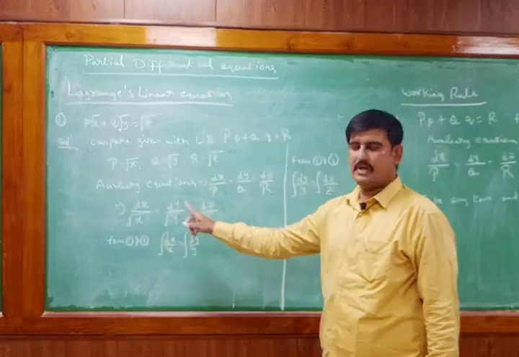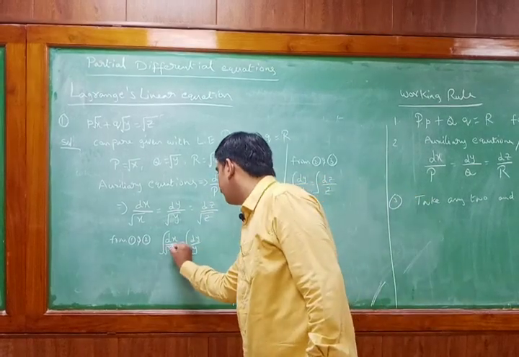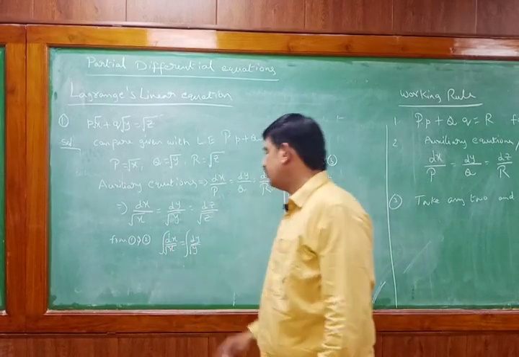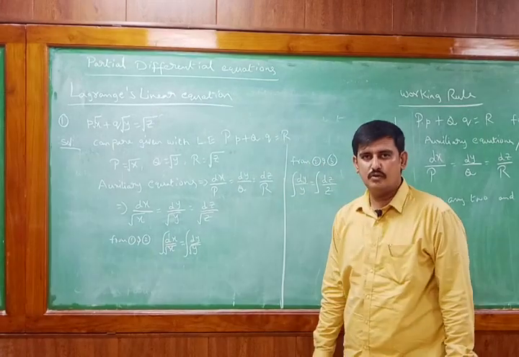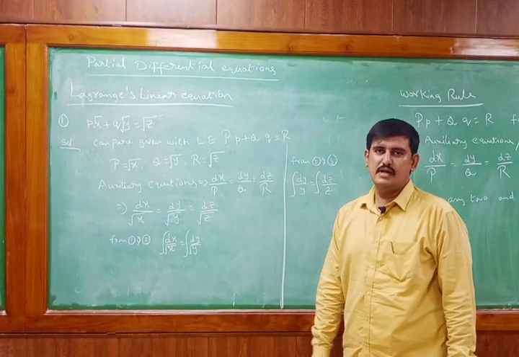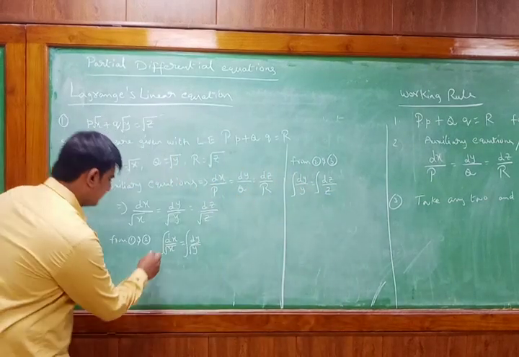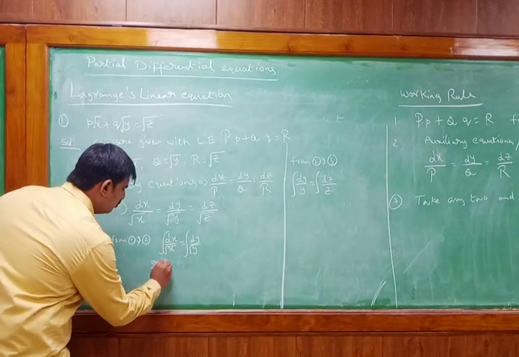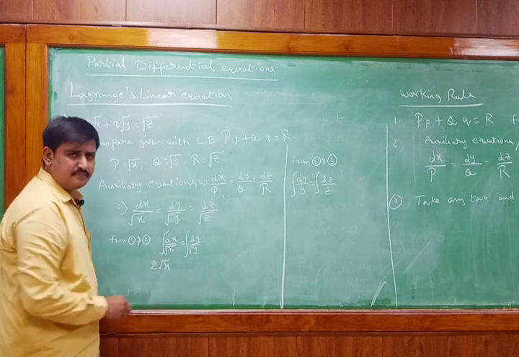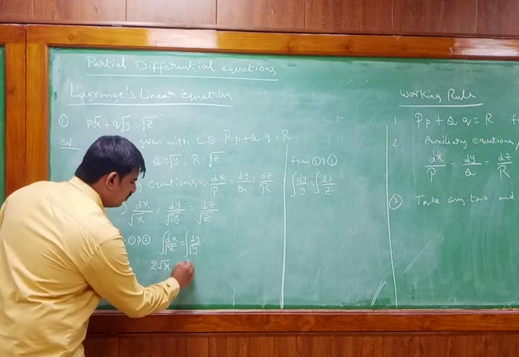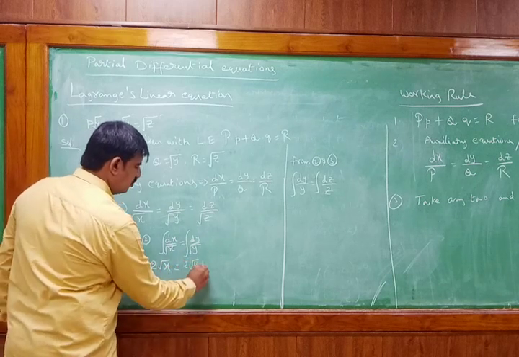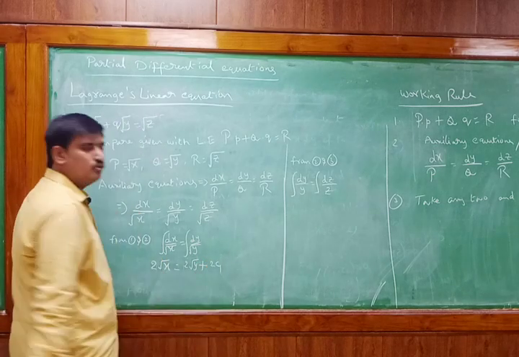So take first 1 and 2. So what do I get here? dx by root x, and dy by root y. Now what do you have to do? You need to integrate. So 1 by root x integration is 2 root x, and this is equal to 1 by root y integration, which is 2 root y. Take the constant 2c1.